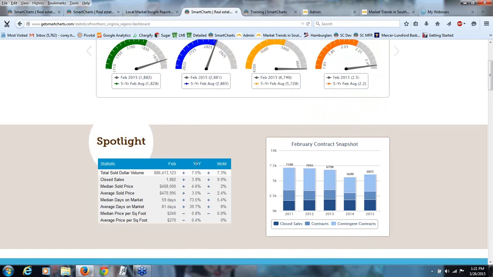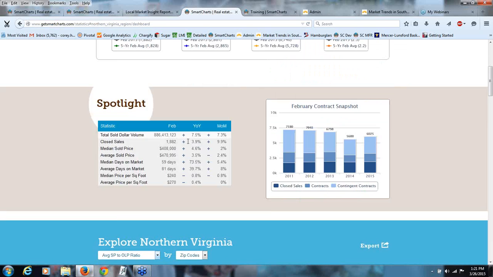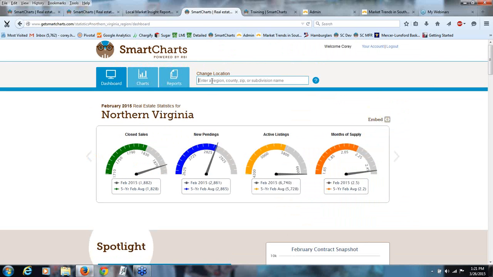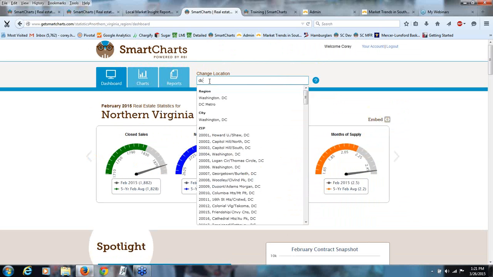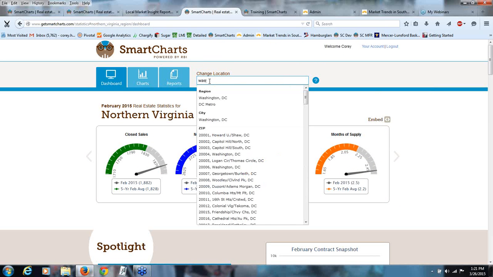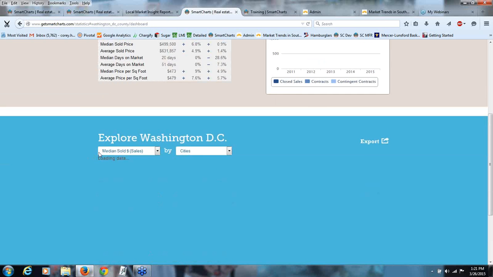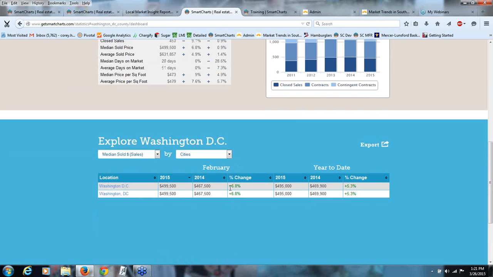In DC, let's just look at the median days on market in the DC area. One zip code jumped out at me in DC. Let's see, Washington, DC. Let's put this by zip codes.